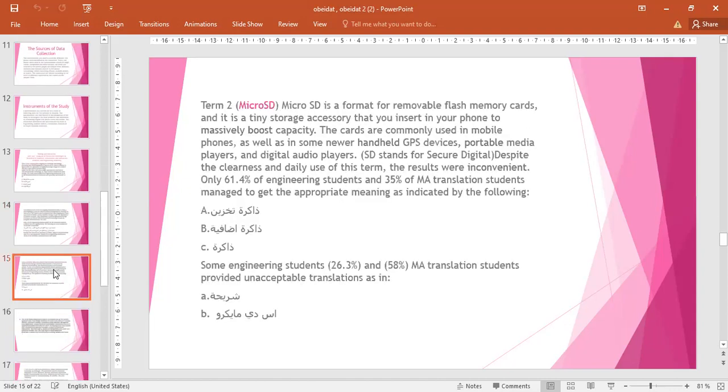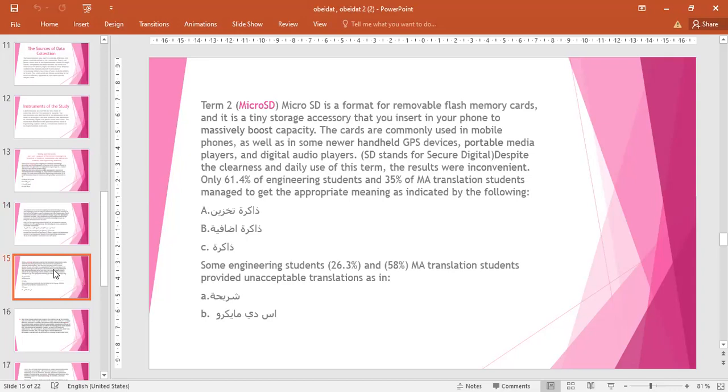The second term is micro SD. Micro SD is a format for removable flash memory cards, and it is a tiny storage accessory that you insert in your phone to massively boost capacity.